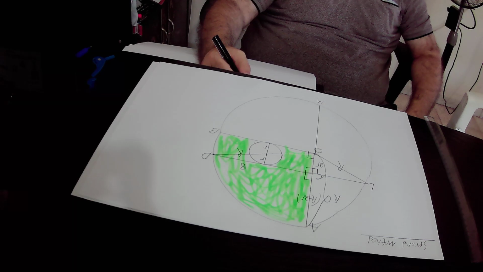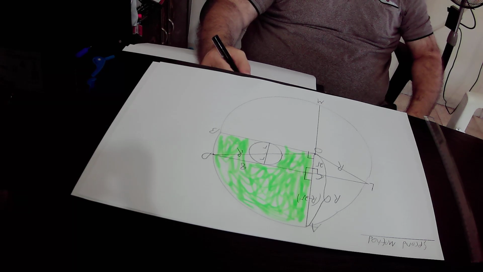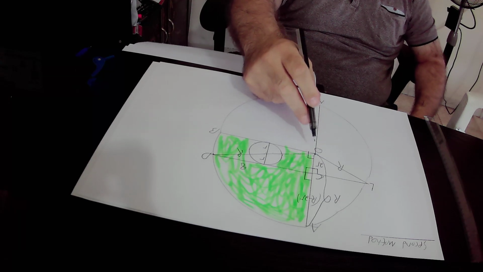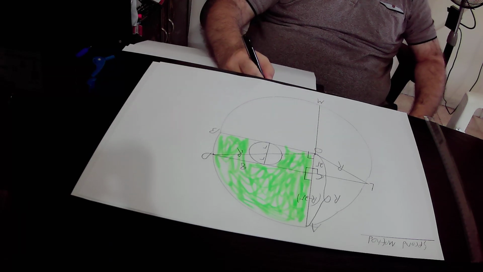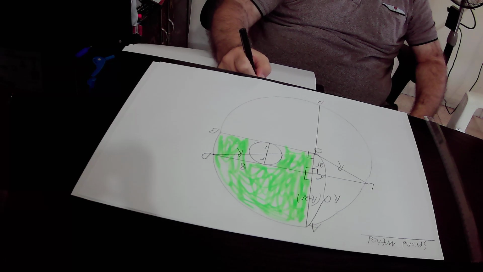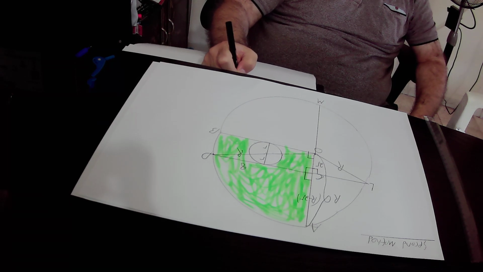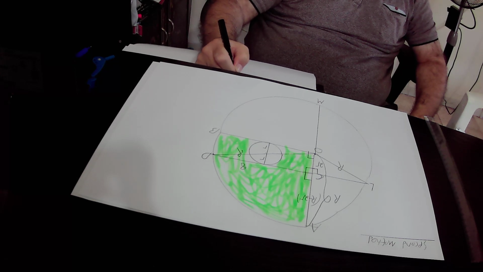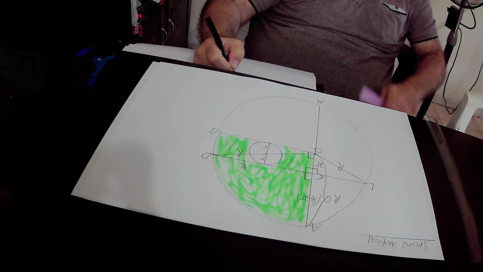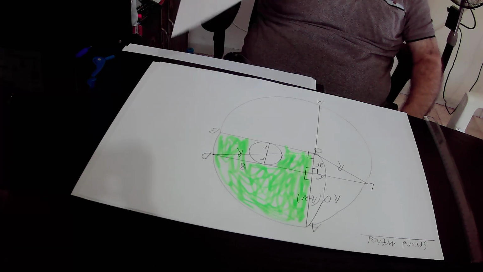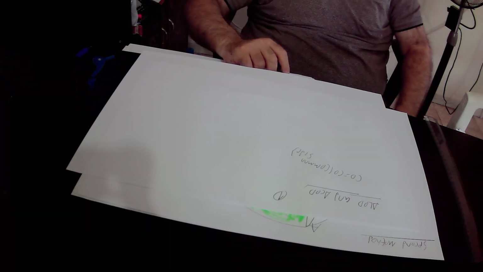First of all, we have side CO that is a common side that belongs to both triangles, so CO equals CO.